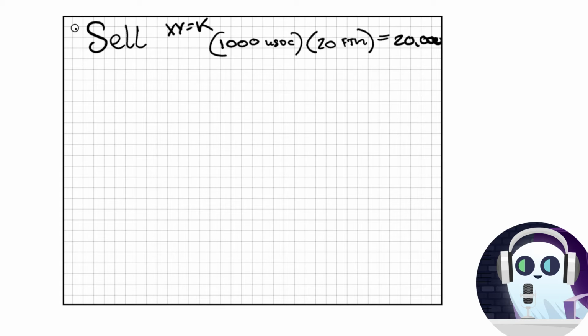And K is a constant. So when you make a swap, K will be the same. So no matter how much I swap between these two pairs, K will always be 20,000. Now, if you add liquidity or remove liquidity, that actually changes K, but it changes it proportionally. So yeah, that's how K is calculated.